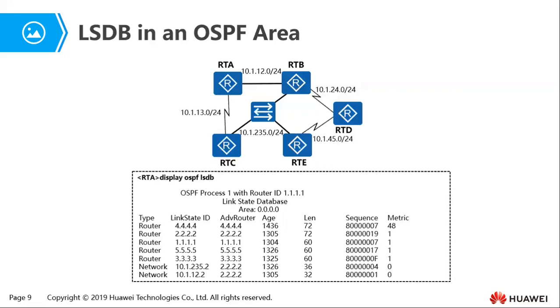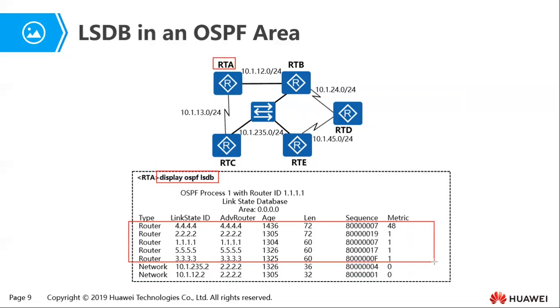Now, from RTA, if we are in RTA and we enter the command display OSPF link state database, LSDB, we can see that we have, is it 5?